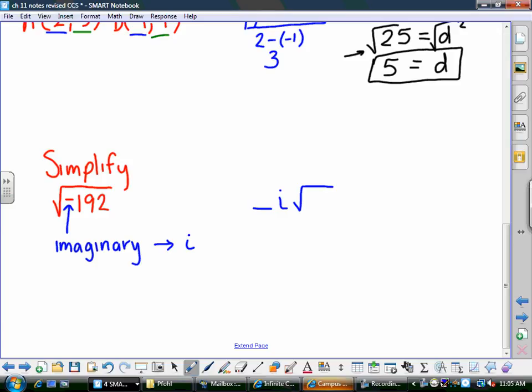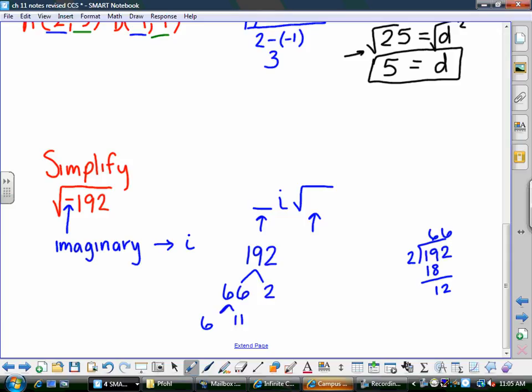Now I got to break apart the 192 to figure out what goes outside and inside. Looking for pairs inside 192. Since it's even, I know I can divide that by 2, and that equals 66. 66, there's lots of ways to break that down. I'm going to do 6 and 11.